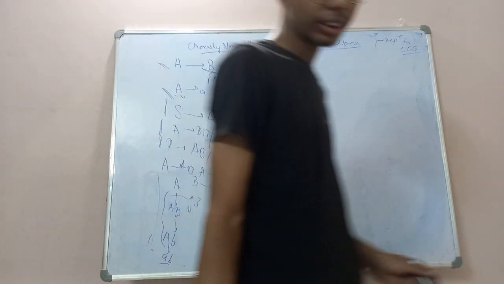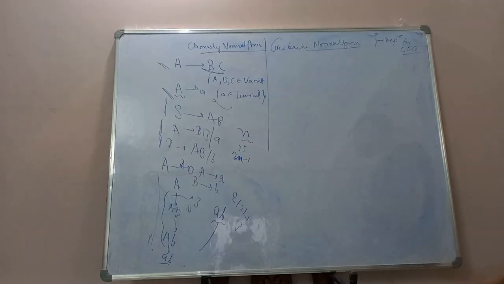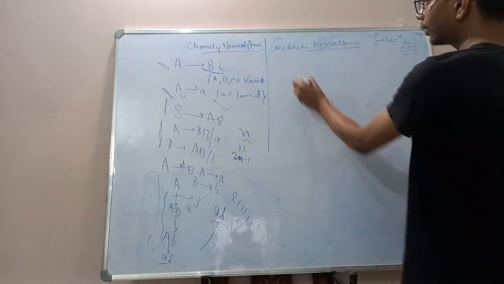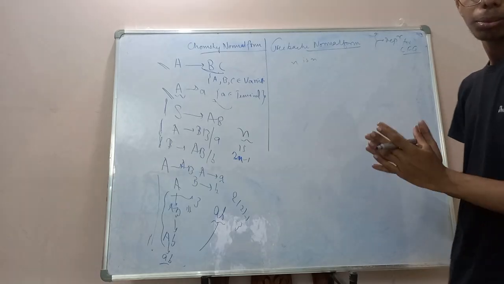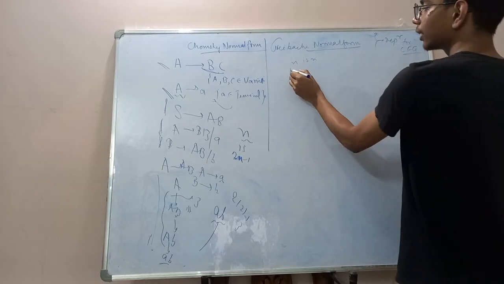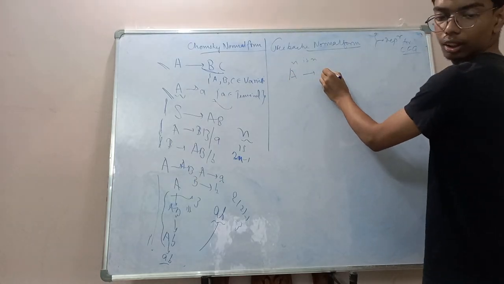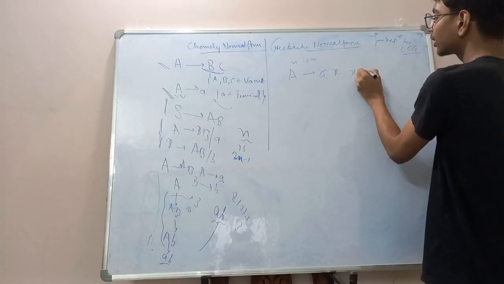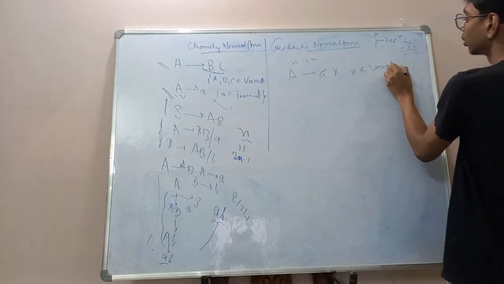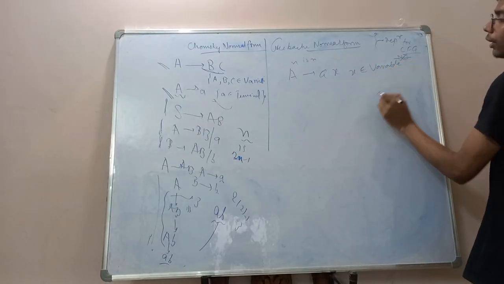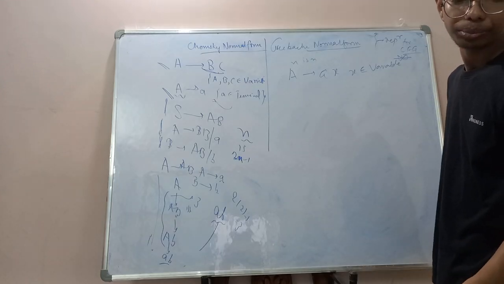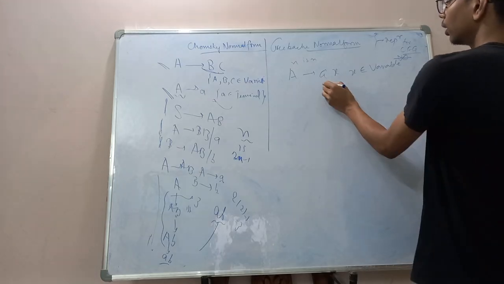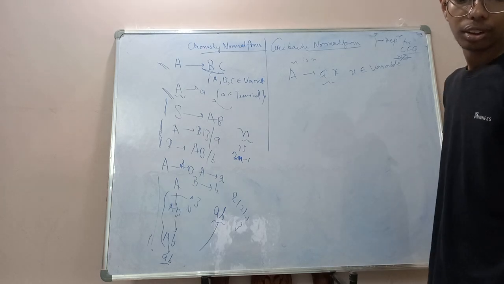Now in GNF, the number of steps required to generate a string of length n is n. How? Because Greibach normal form is a representation like this: A goes to aX, where X belongs to variable or combination of variables, and a is a terminal on the right-hand side, right?